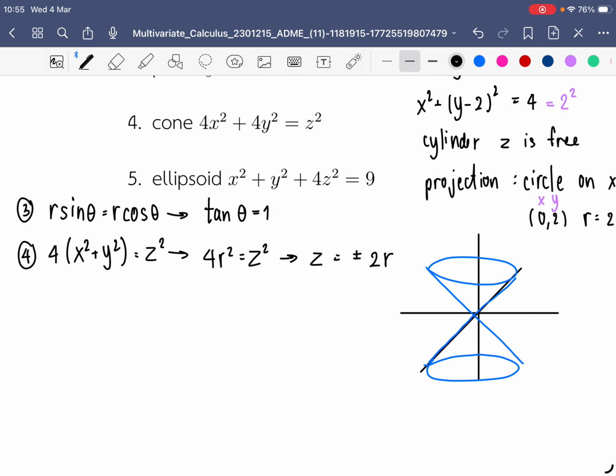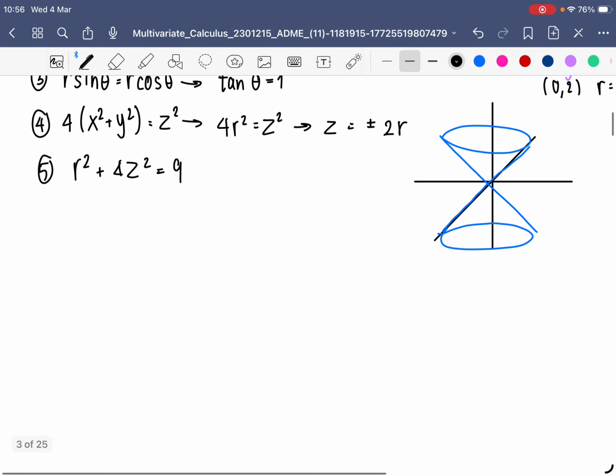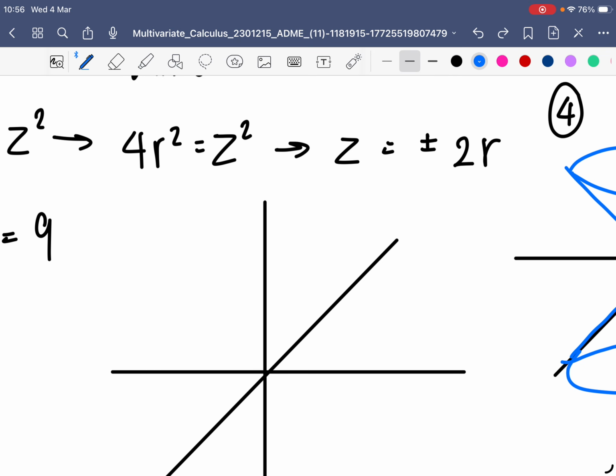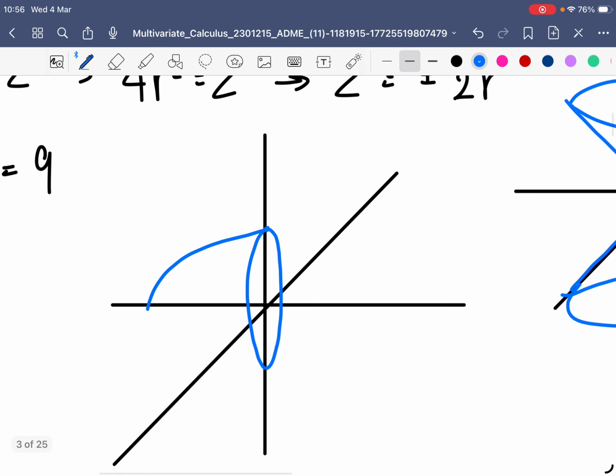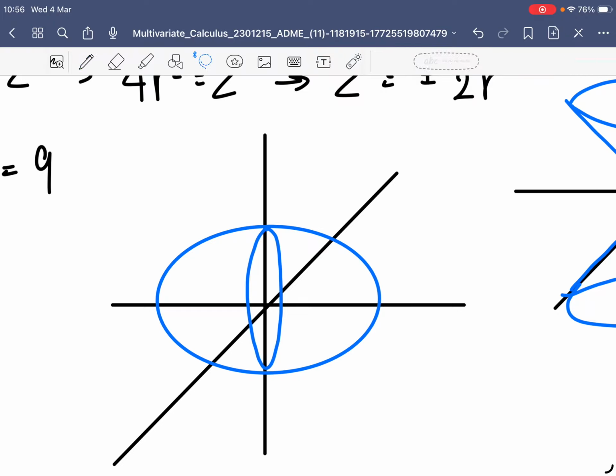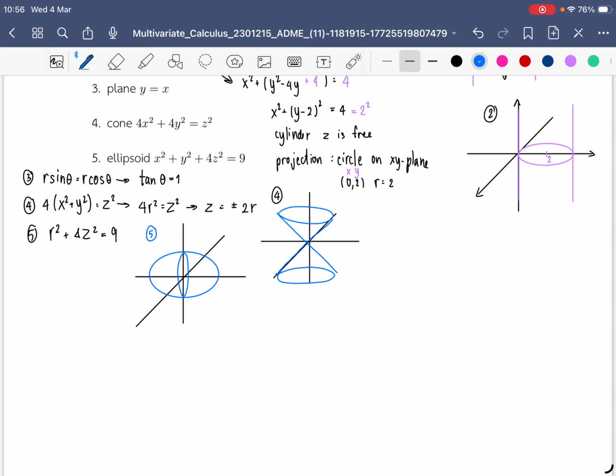It's an ellipsoid, it just looks like a rugby ball. Okay?